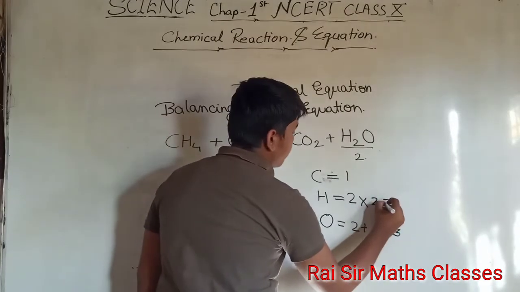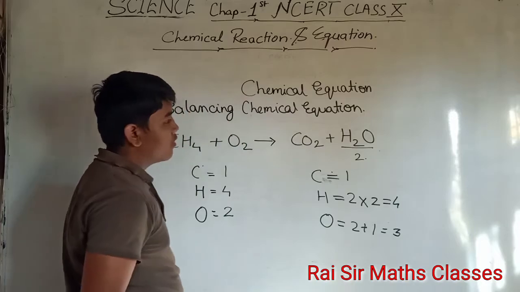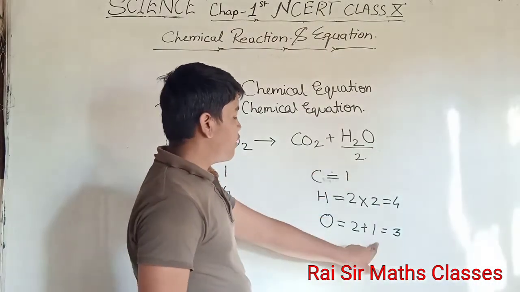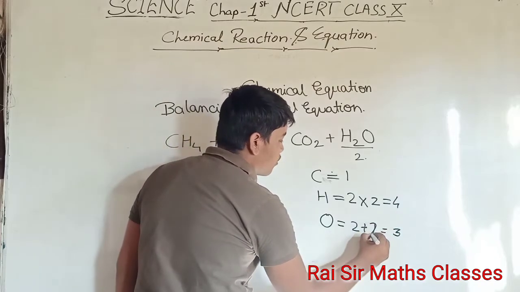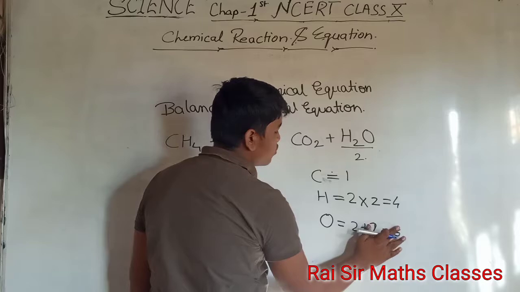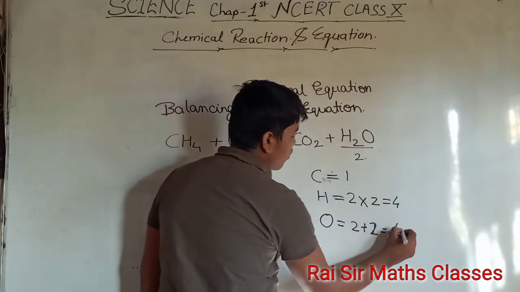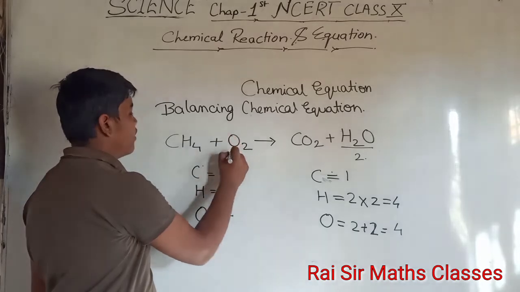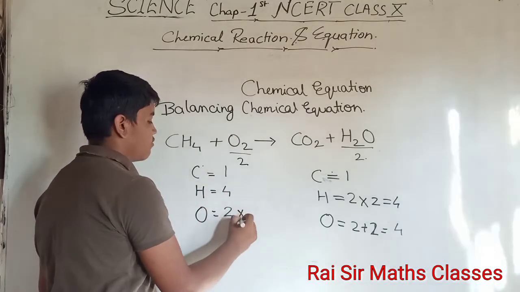So we get 4 here. But it is being also multiplied by 2. So here we are going to have not 1, 2. Here 2 and here also 2. So it will become 4 now. So here we are going to multiply it by 2 for a balanced equation.